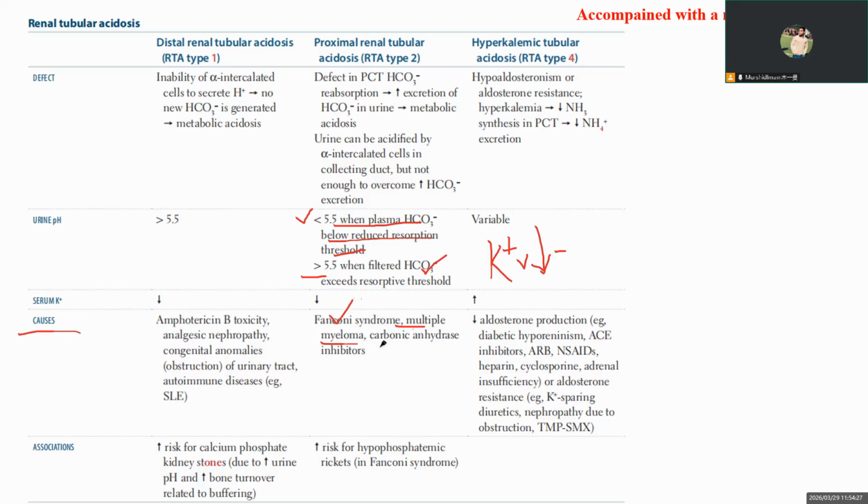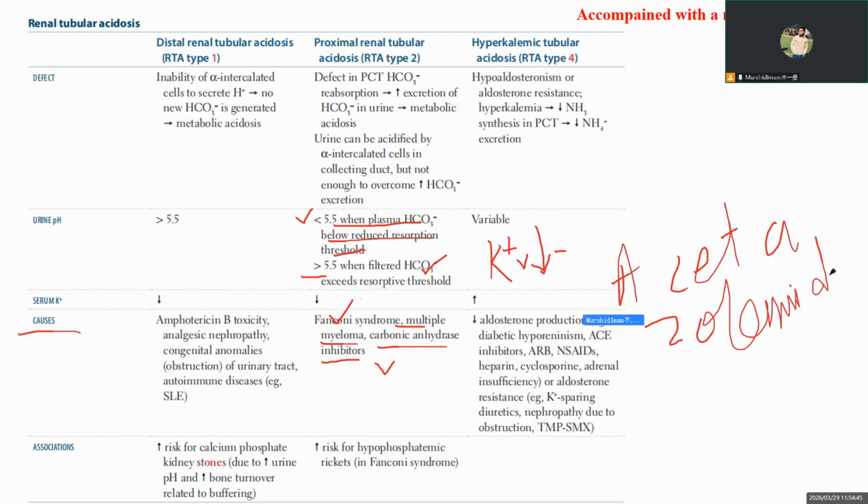Or you can also say carbonic anhydrase inhibitors. These are a class of drugs that include acetazolamide, which is used to treat either glaucoma or altitude sickness. This is why acetazolamide also causes metabolic acidosis, and it essentially induces a temporary drug-induced type 2 RTA. Remember this key point.